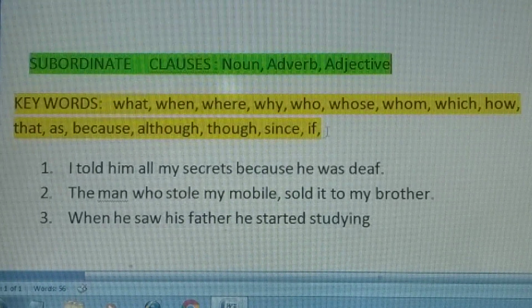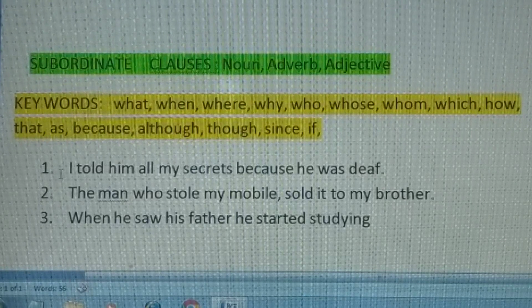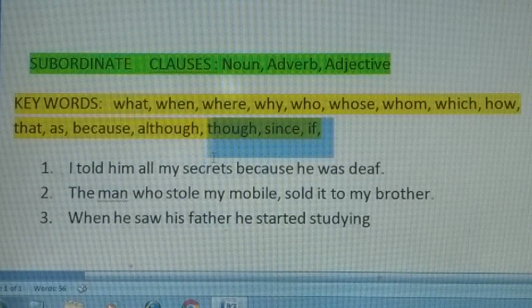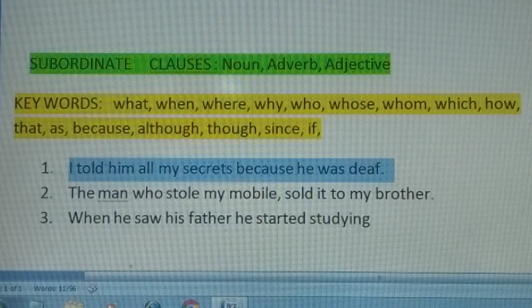You want to know how? Let's see the first example. I told him all my secrets because he was deaf.